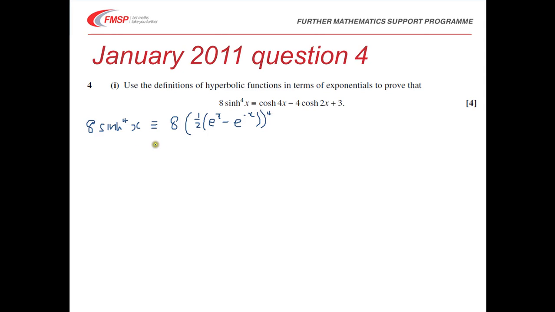And just simplifying that, a half to the power of 4 is a 16th, so 8 over 16, so that's a half of, and now we need e to the x minus e to the minus x to the power of 4. And when I do this, I'm going to just use Pascal's triangle. So the coefficients of Pascal's triangle, 1, 4, 6, 4, 1.